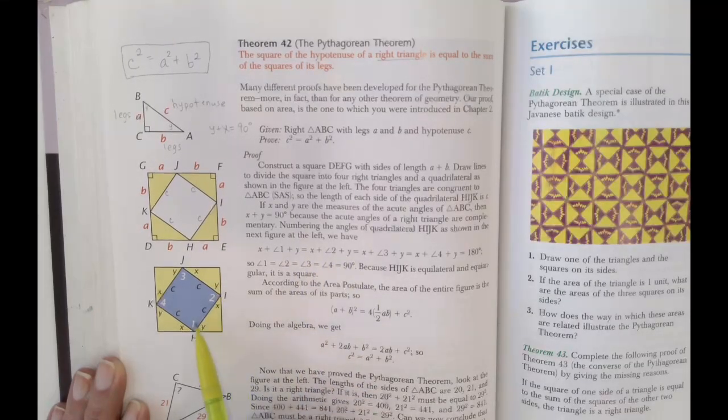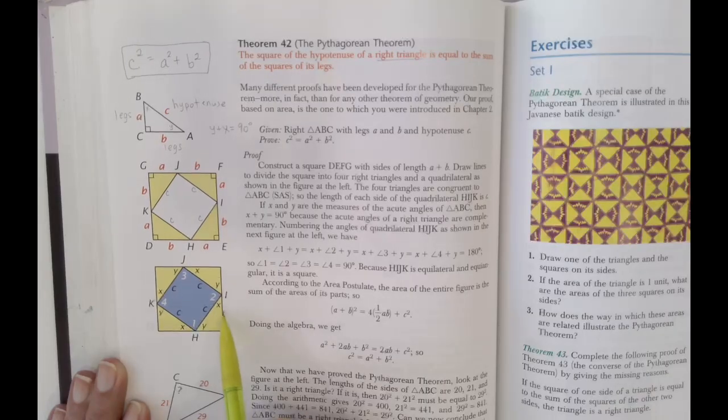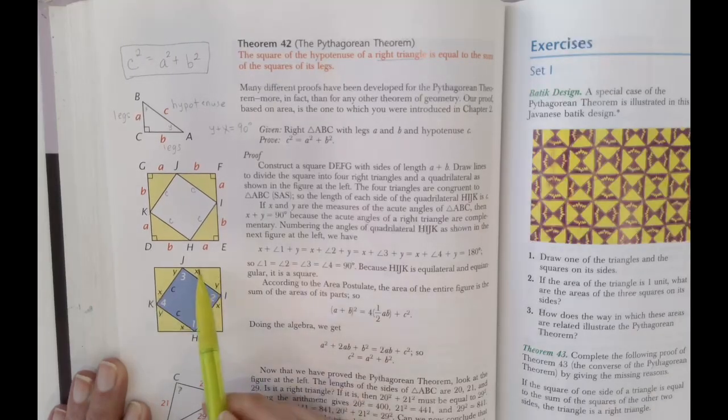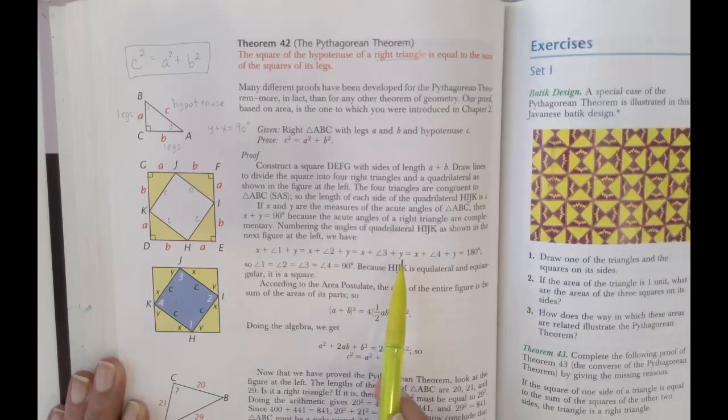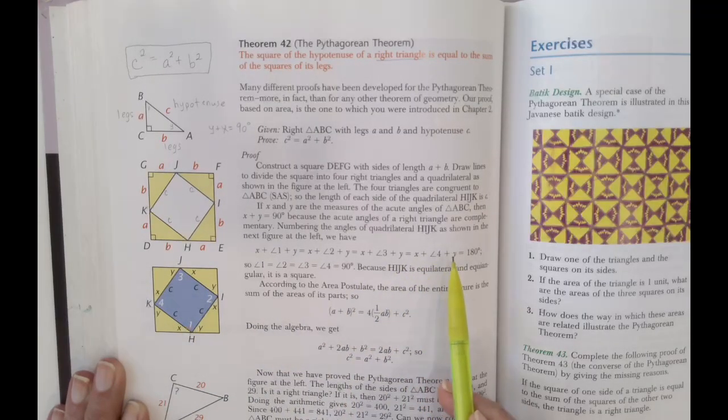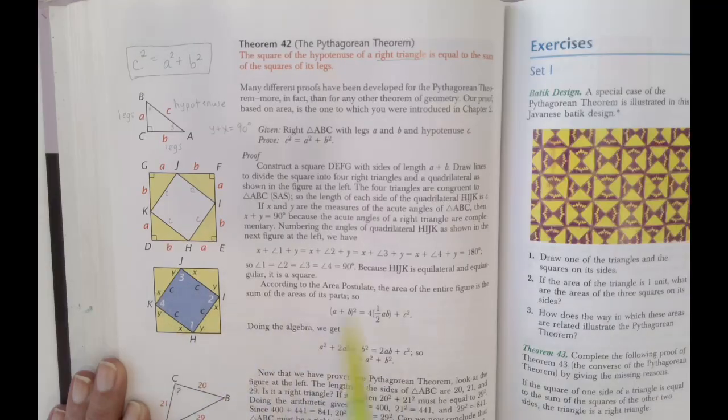Let's see, yes. So here, these three angles add to 180. These three angles here, x, 2, and y, add to 180. X plus 3 plus y adds to 180. That's what it says here. And then last, x plus 4 plus y adds to 180, and each are equal to each other.